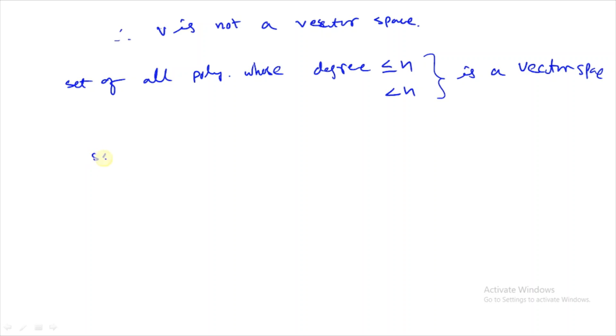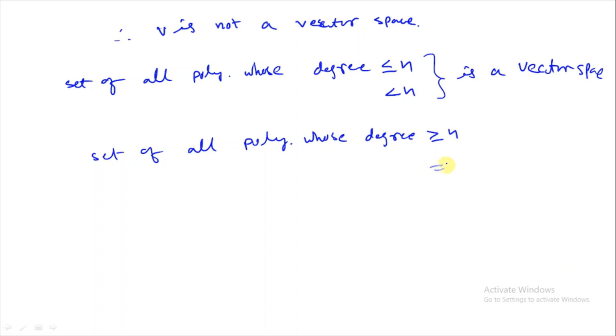Suppose the set of all polynomials whose degree is greater than or equal to n, or strictly equal to n, is not a vector space. Suppose a set of all polynomials whose degree is 3. It's not a vector space.